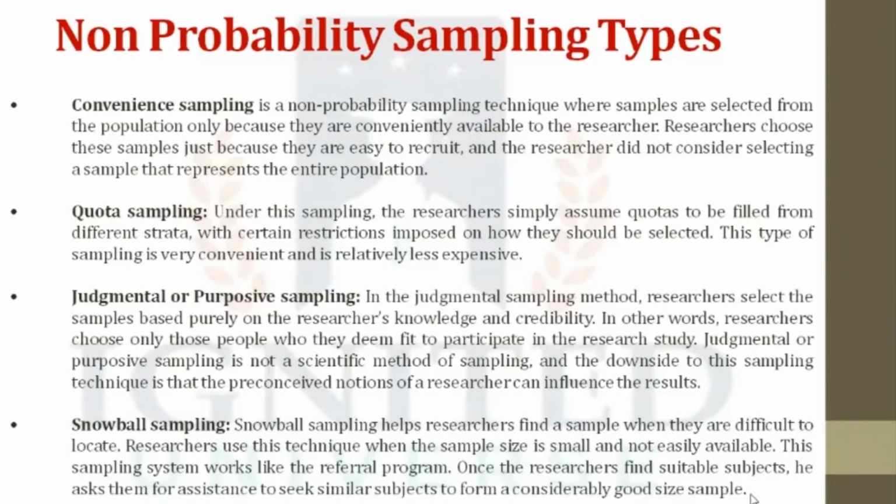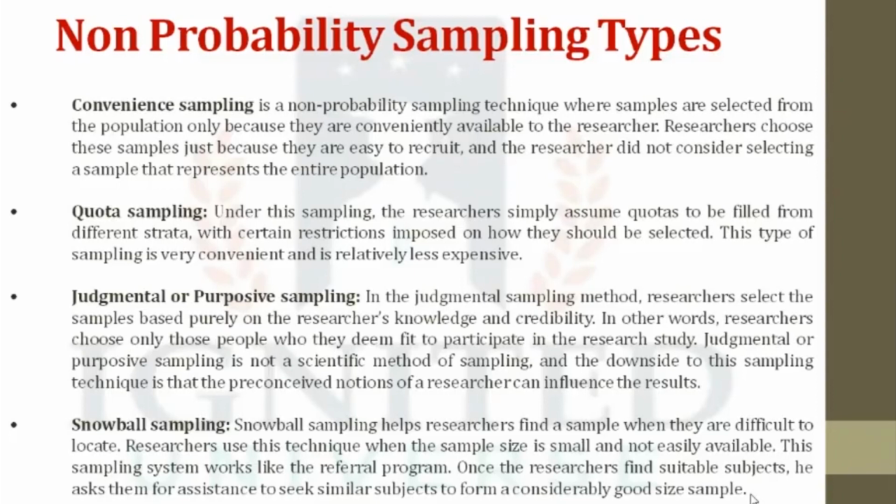Snowball sampling is a technique in which sample objects are selected on the basis of referral from other survey respondents. For example, suppose a person from a particular car company is gathering information on who all are interested in buying the company car.